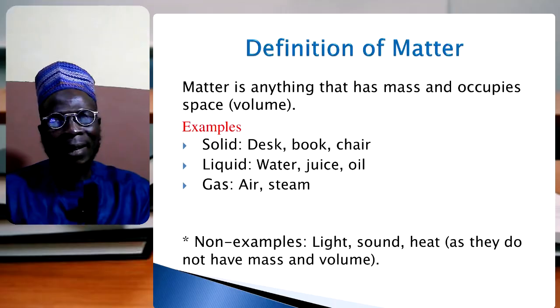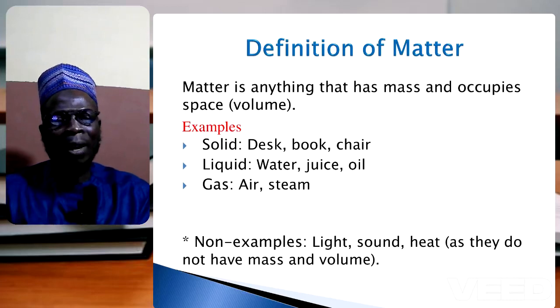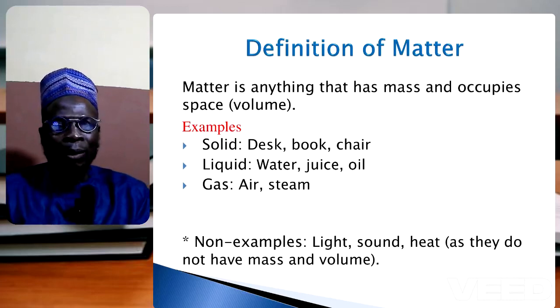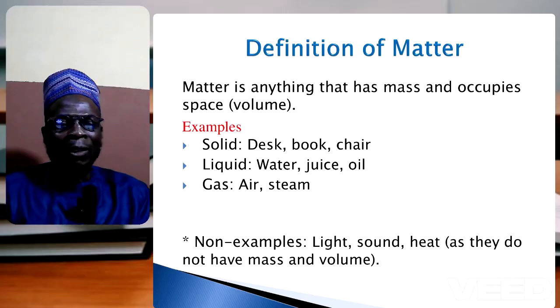So the example of solid is desk, book, àwọn ìwé tó mú lọ́wọ́, fún ìwọ gangan tó jókòó fúnra lára rẹ, you are matter. So the examples of matter: water, juices, oil. So matter ni àwọn eléyìí. Steam, ooru tó ń rí tí ń jáde, they are also matter.